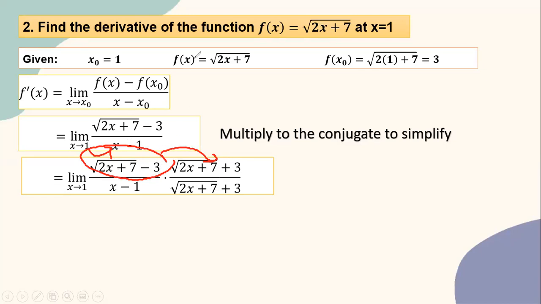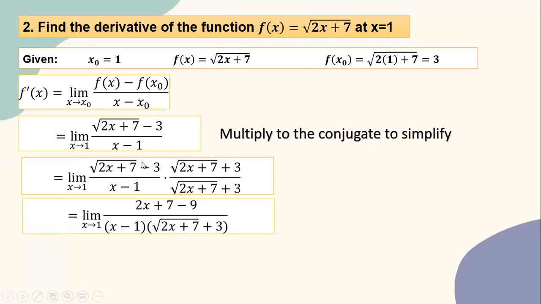Okay? So simplify natin. So pag minultiply natin yung conjugates, so we get, mamamultiply ay yung first terms and the second terms. Okay, so we have square root of 2x plus 7 times square root of 2x plus 7 is 2x plus 7.